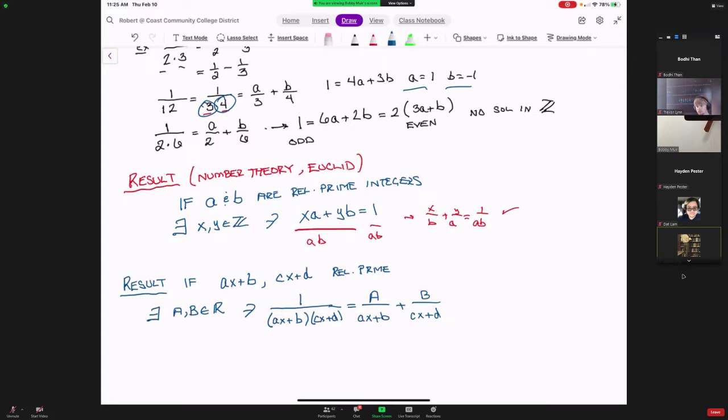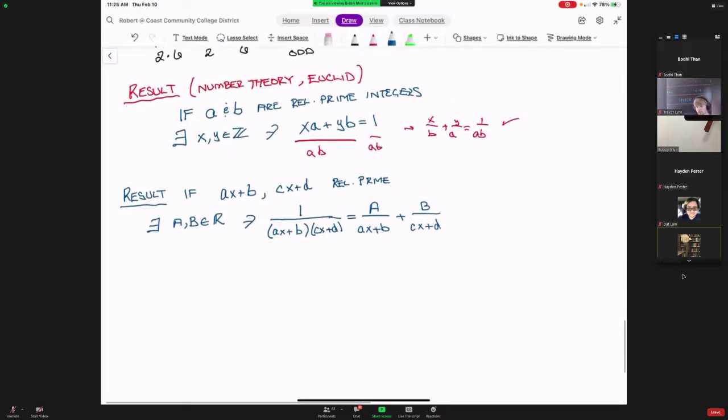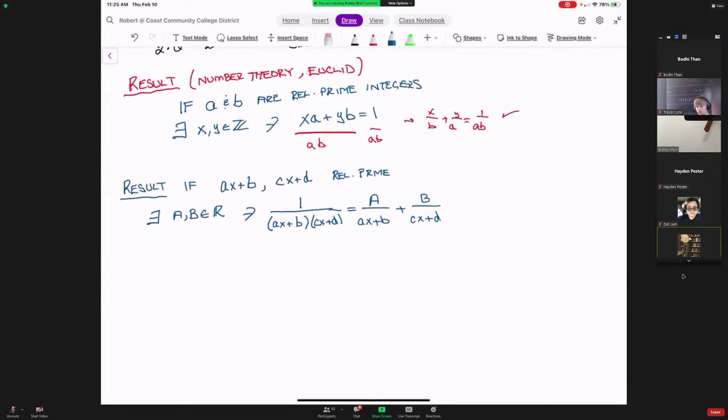You guys remember this from your days back in grade school. If you did a division problem where you did 17 into 43,900 and 262, you're going to get some quotient up here, and then eventually there's going to be a remainder, right? And the remainder has to be less than 17.